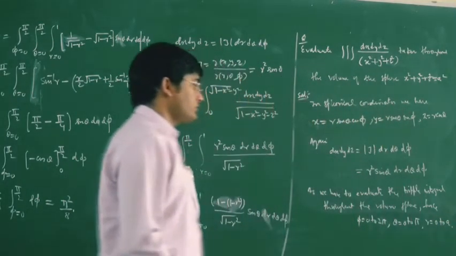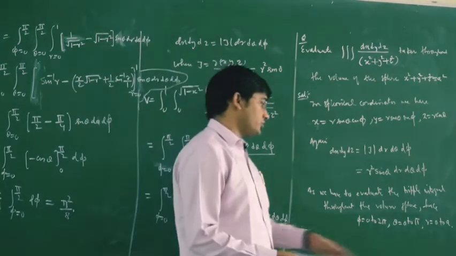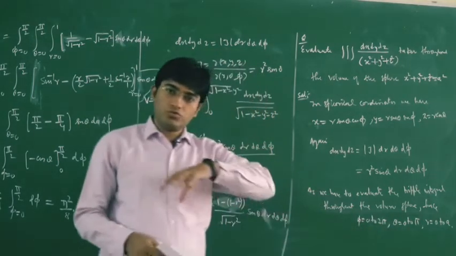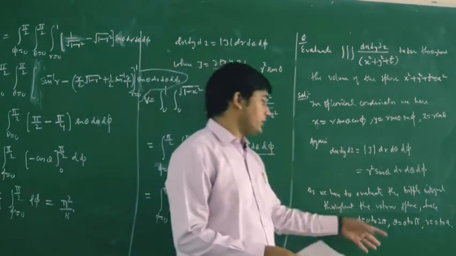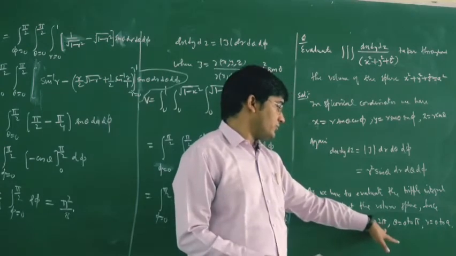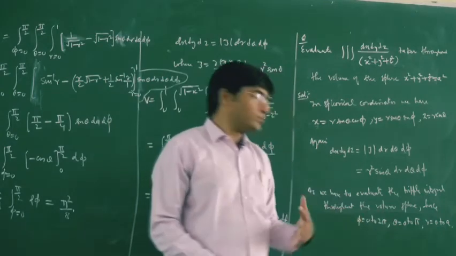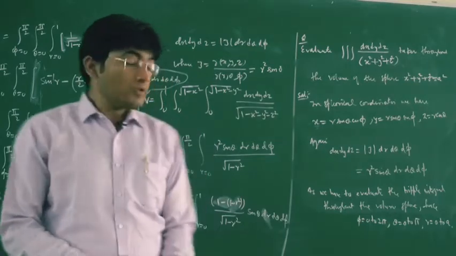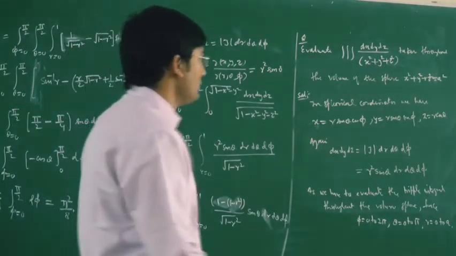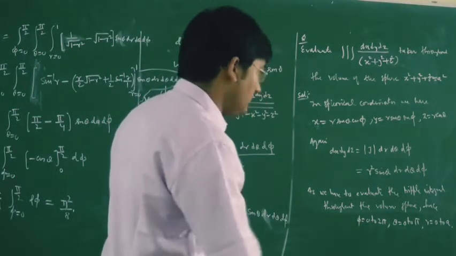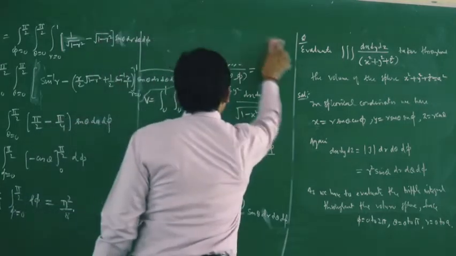So in this case, our phi will vary from 0 to 2 pi, as we have to cover the whole sphere. So phi will be from 0 to 2 pi, theta from 0 to pi, and r from 0 to a. Now, let us evaluate this triple integral with the help of this transformation.